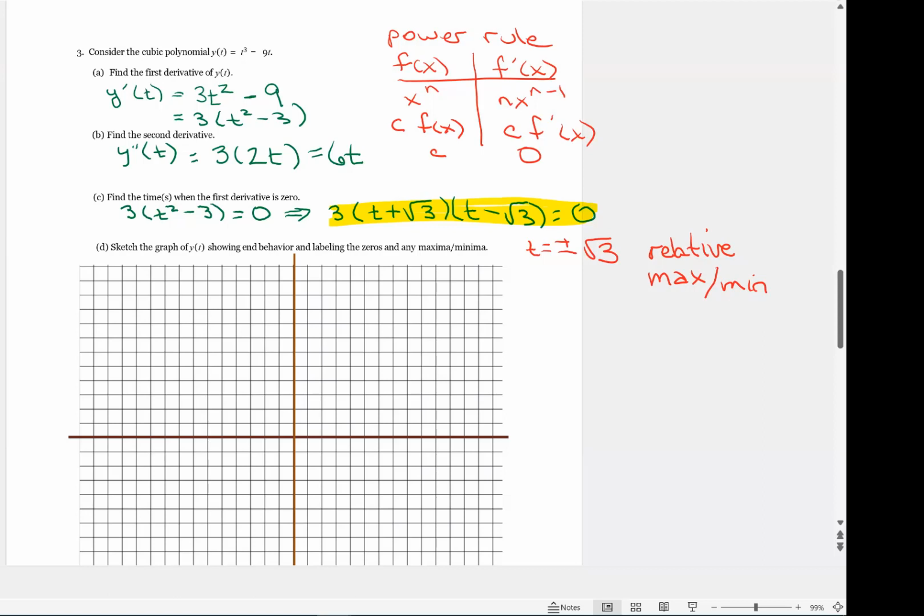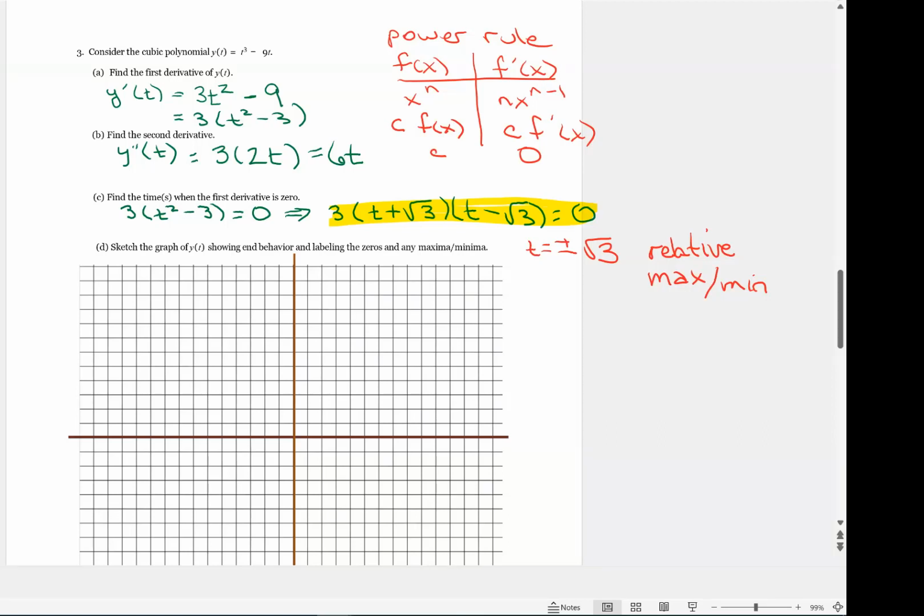That means at t equals plus or minus the square root of 3, whatever that value is, I will have either a minimum or a maximum. Part D says sketch the graph of y of t showing end behavior and labeling the zeros and any maximum or minimum. Okay.